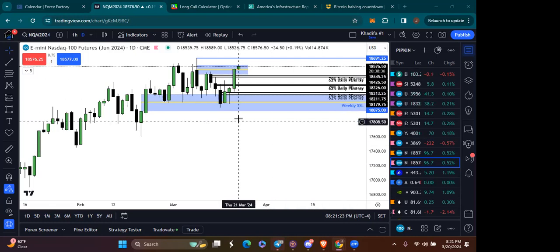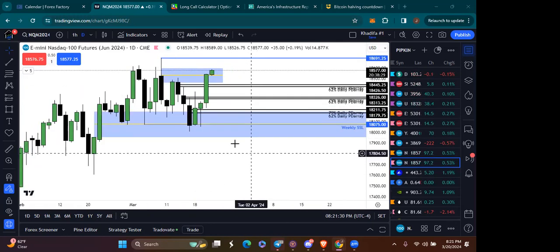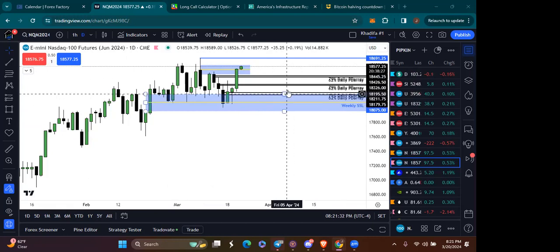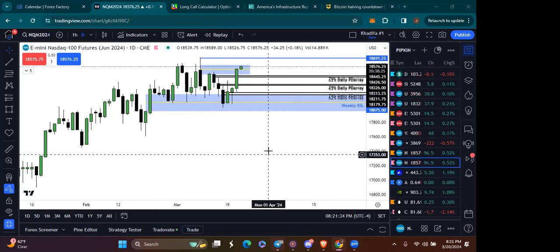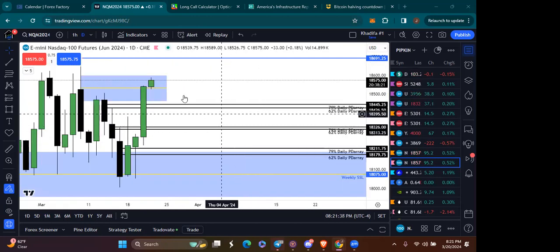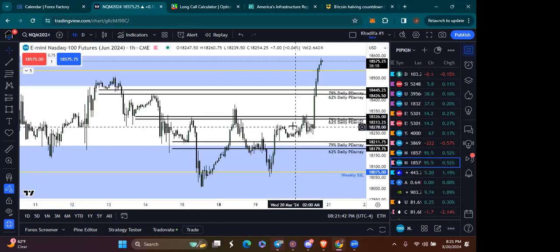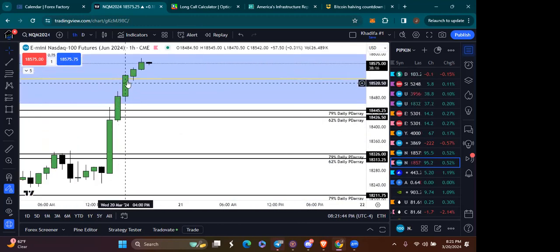Sorry about that. So yeah, I expect NQ to continue pushing higher to catch up with ES, right? To run this weekly buy side liquidity. So on the hour time frame, if you break it down, I want to see this left open.